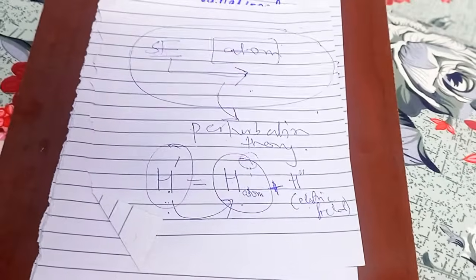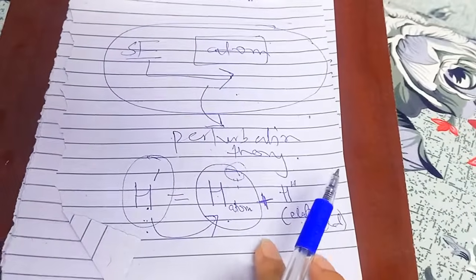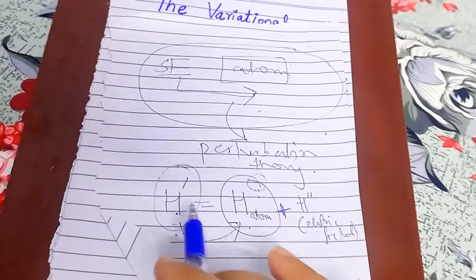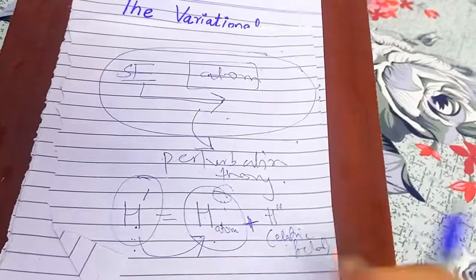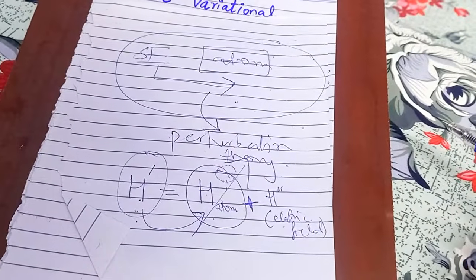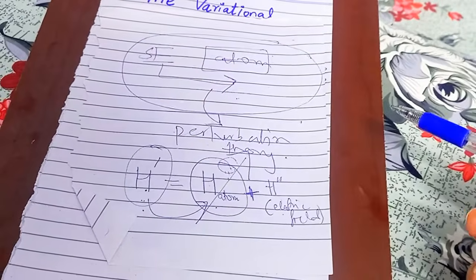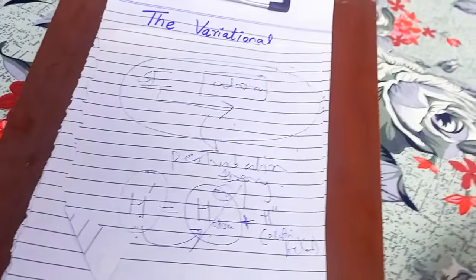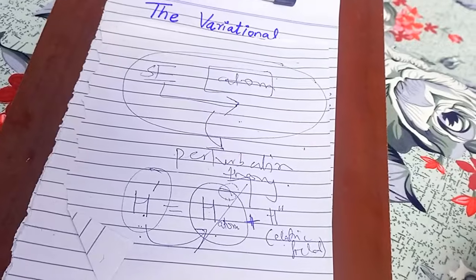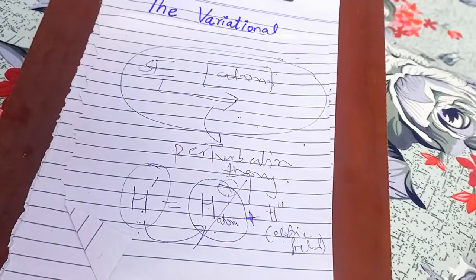It can only happen if we have some related Hamiltonian. But perturbation theory fails if we do not have any related Hamiltonian whose solutions are already known. This is the limitation of perturbation theory. So let's say we never heard of hydrogen atom and we know nothing about its solutions.